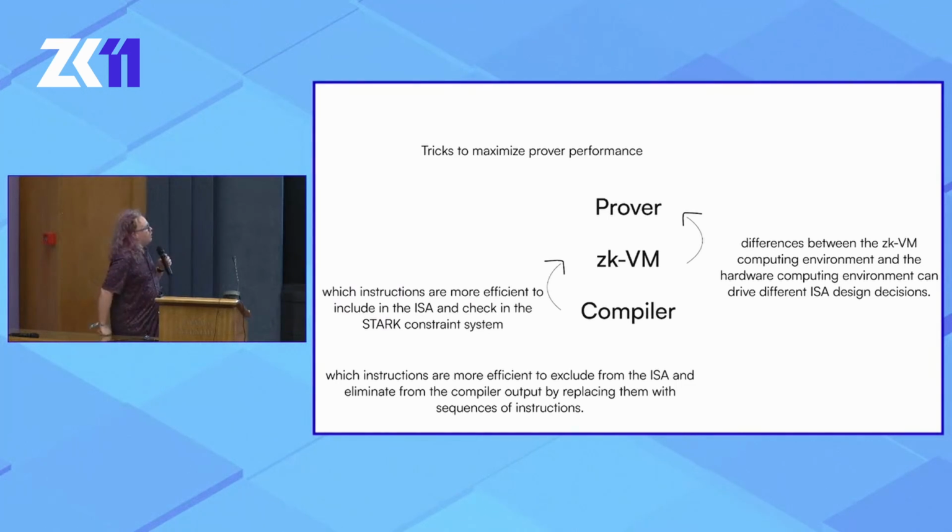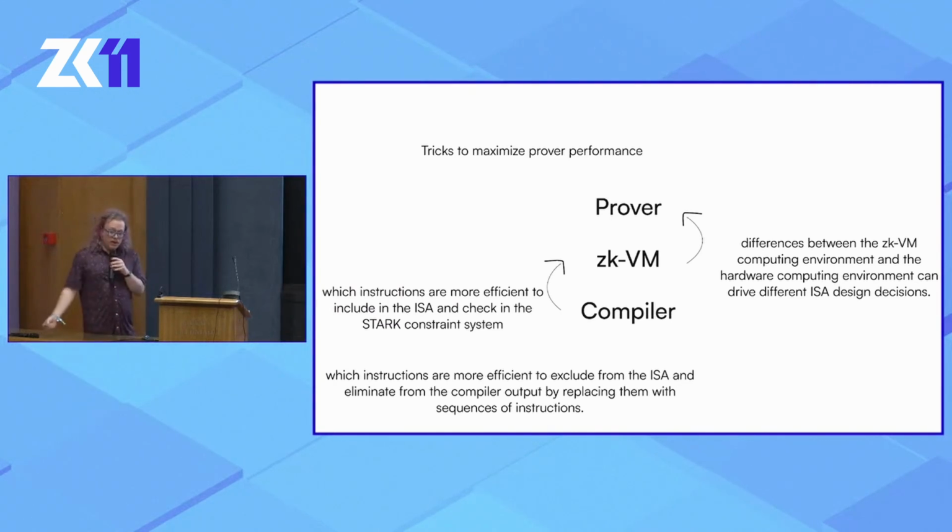So the idea is that because zero-knowledge circuits are very different from ordinary electronic circuits, the design of an instruction set might look different. For example, in ordinary electronic circuits, it's important to use cache and registers as much as possible because accessing them is faster than accessing main memory due to the physical location on the chip.